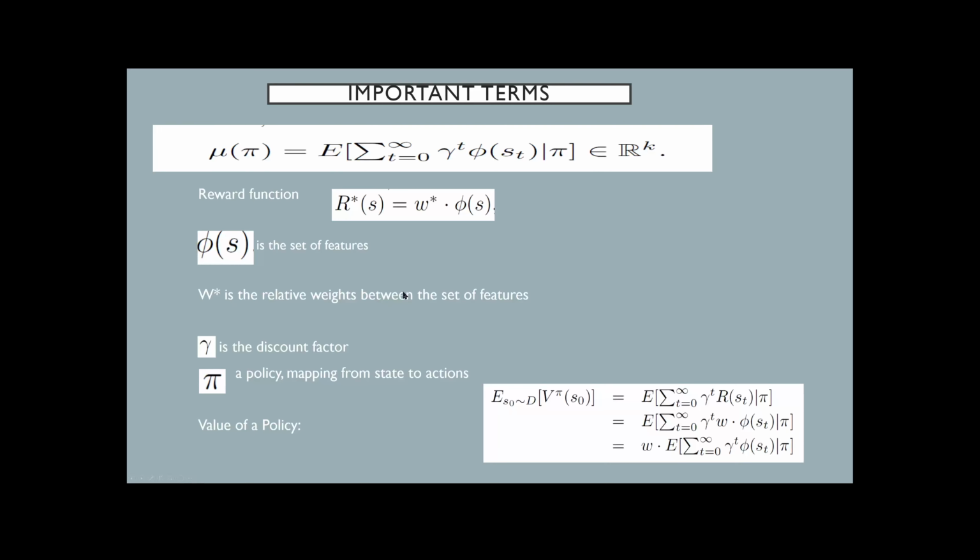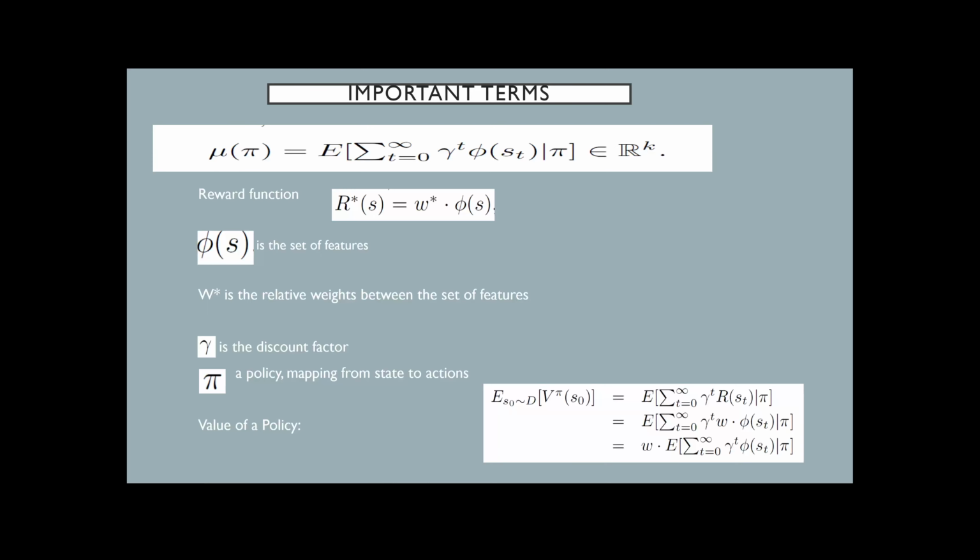You do not know the value of this vector, and the goal of inverse reinforcement learning is to find this W star. You also have gamma, defined as a discount factor, which means how you're going to be handling your future rewards. So if gamma is equal to 0, that means you only care about your immediate rewards. And if gamma is equal to 1, that means you care about all the rewards starting from this state up until the terminal state.